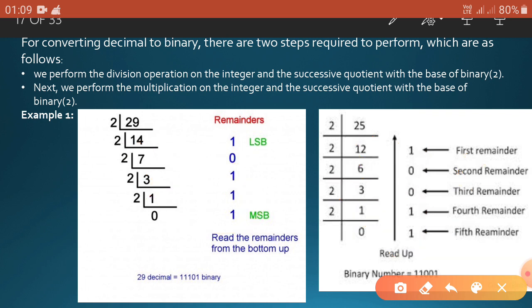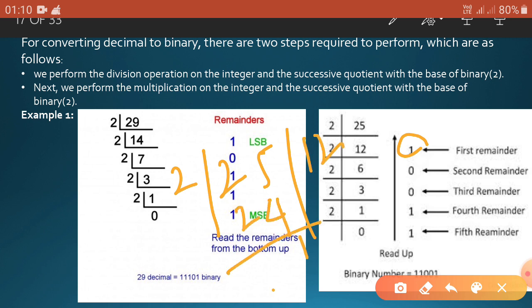Why are we writing 1? In the rough portion you can do the division. So 2 is used here to divide the 25. Here it is 12, 24, so 1 is remaining. You can also do it that way. This part we write here and the remaining part you write here.